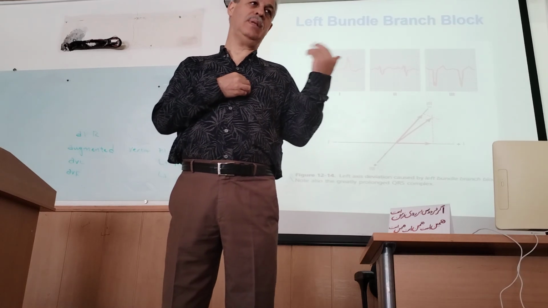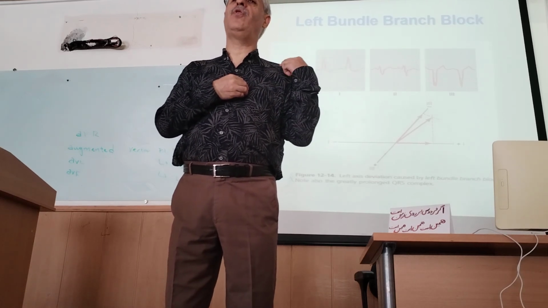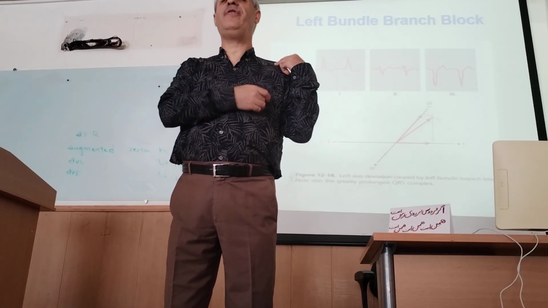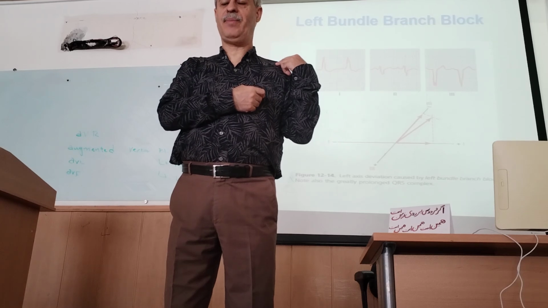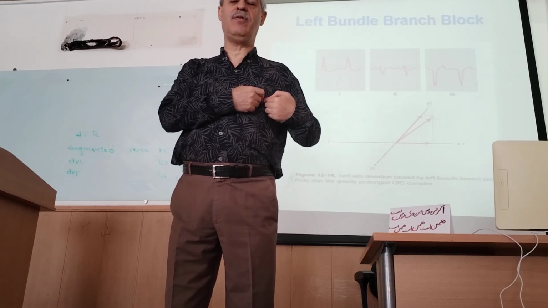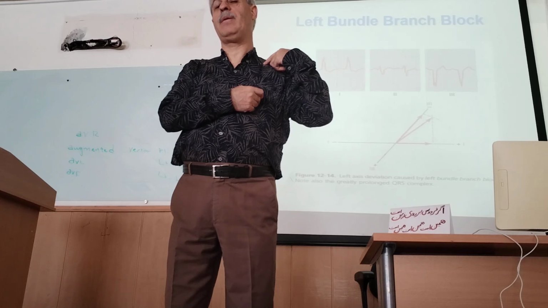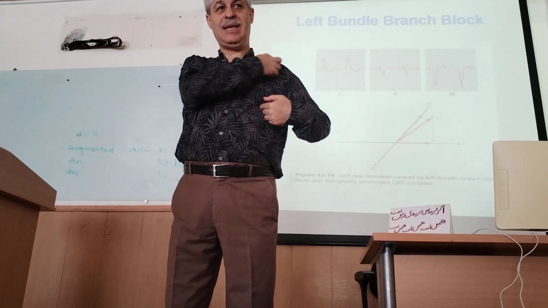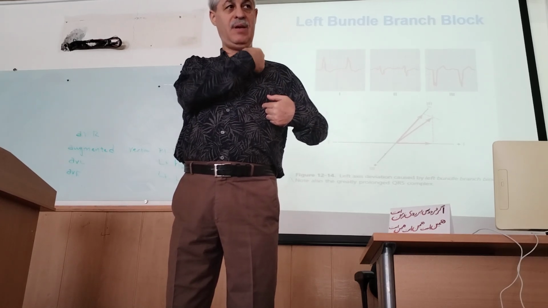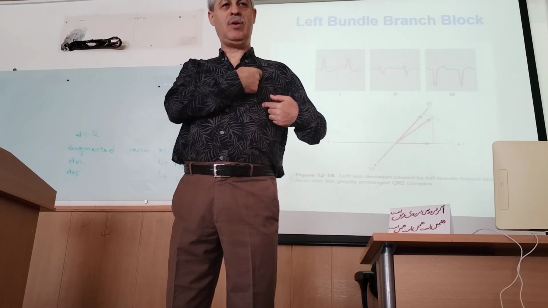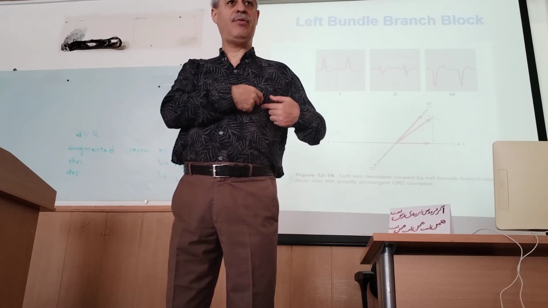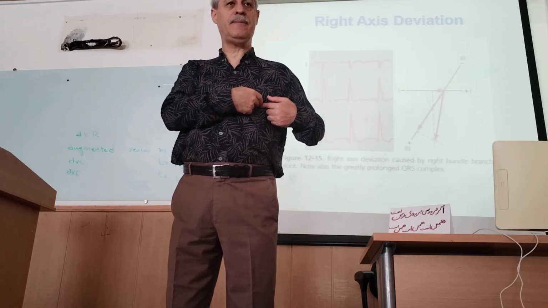Put aside C3. C4 is at the fifth intercostal space at the intersection of the mid-clavicular line. This is the clavicle, the mid-clavicular line.